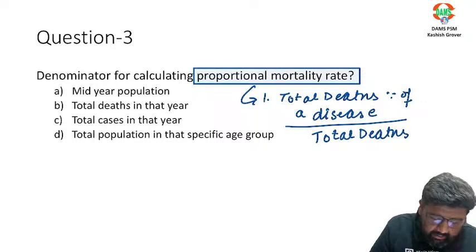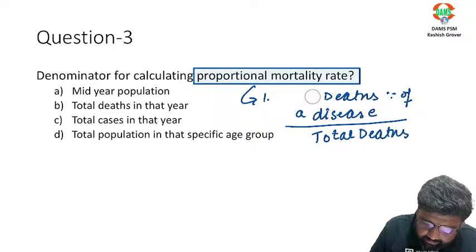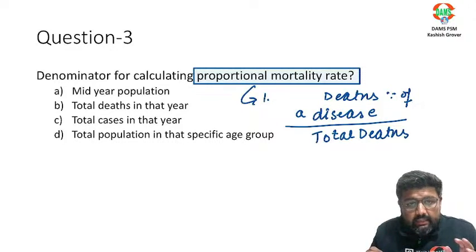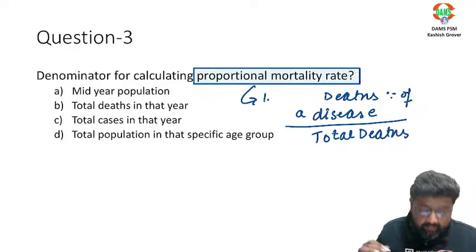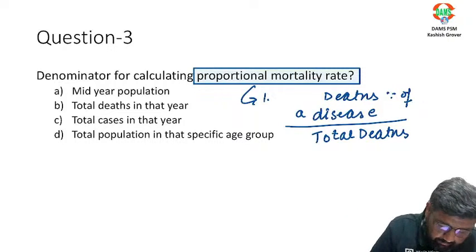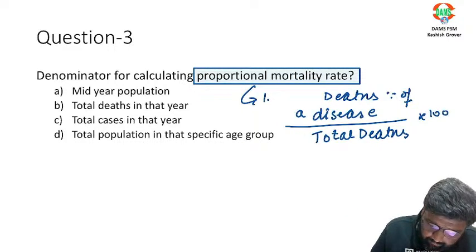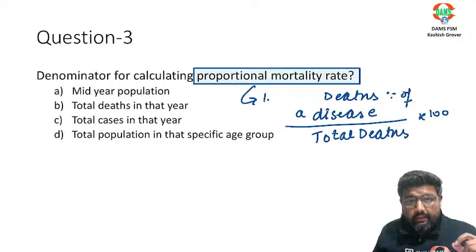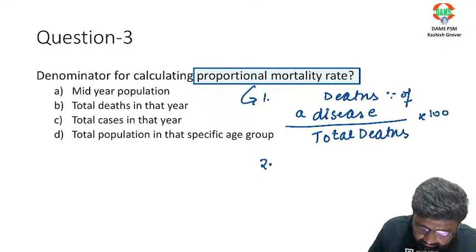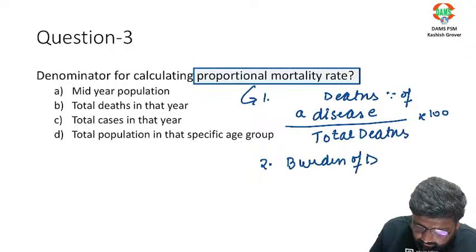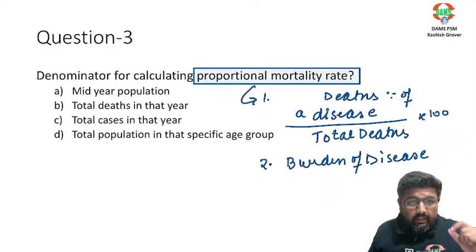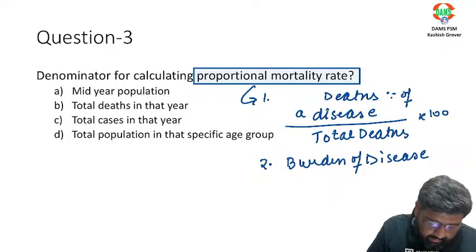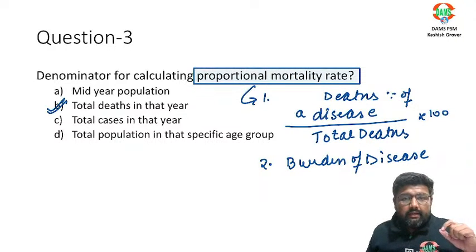In very simple language, deaths because of a disease divided by total deaths, multiplied by 100. This is your proportional mortality rate. Second point, it tells you burden of disease. So what is the correct answer here? Quickly everyone. Here the correct answer is B, total deaths in a year.